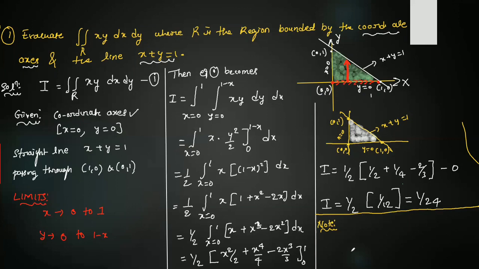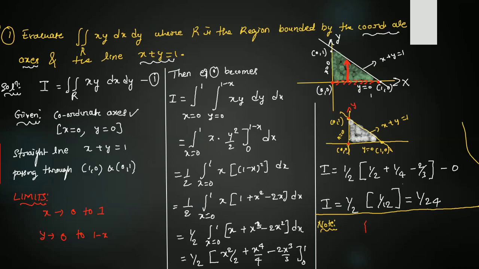Can you take y as an independent variable? Tell me from where to where y is varying. Y is varying from 0 to 1. This is the y-axis. When I take x as independent variable, I have to check this; when I take y as independent variable, I check this.